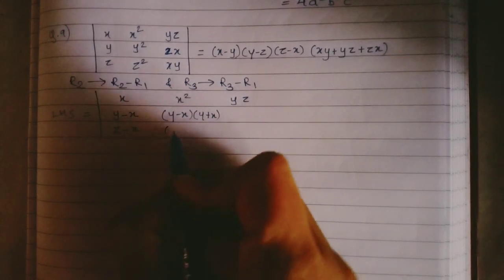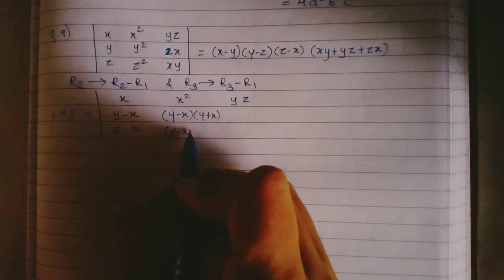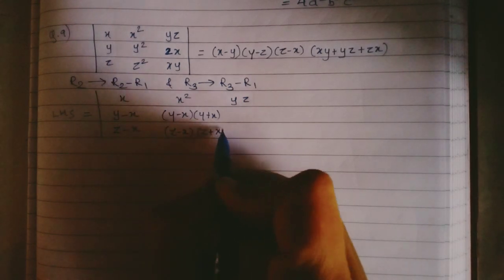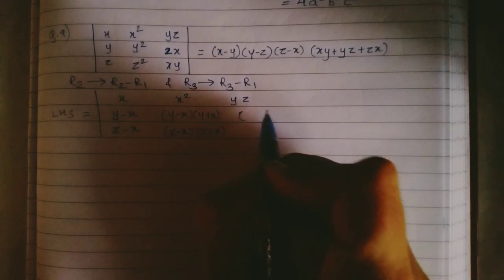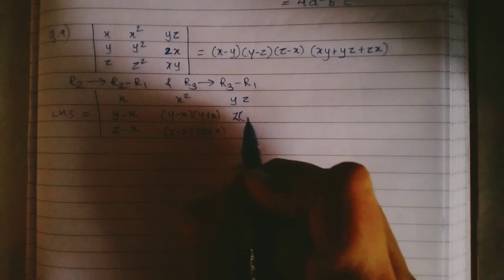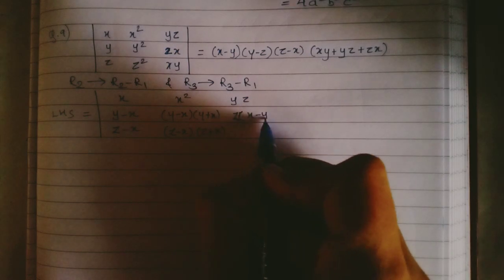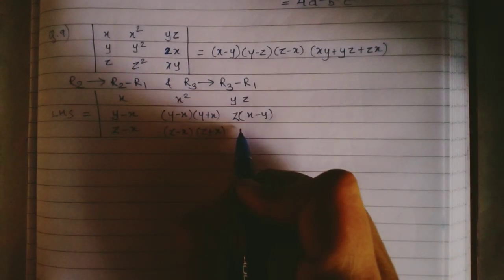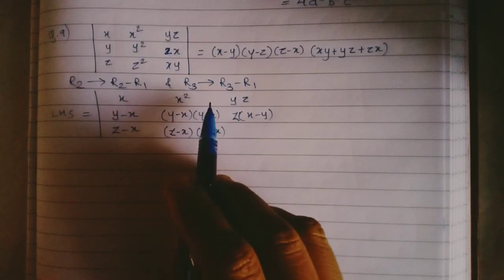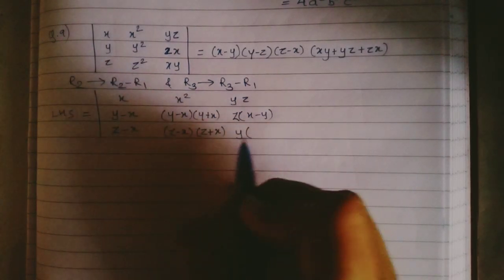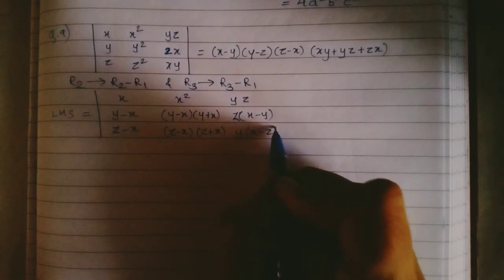Okay, for this also z minus x, z plus x. Here zx minus yz, so you can take out z, so it will be x minus y inside, and here it will be xy minus yz, so you can take y common, so x minus z.